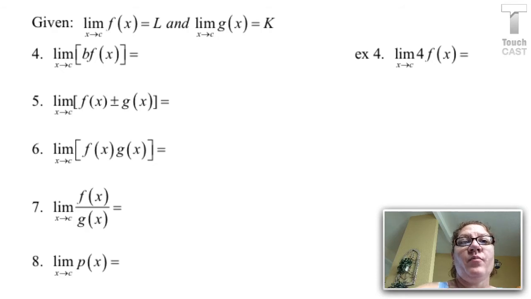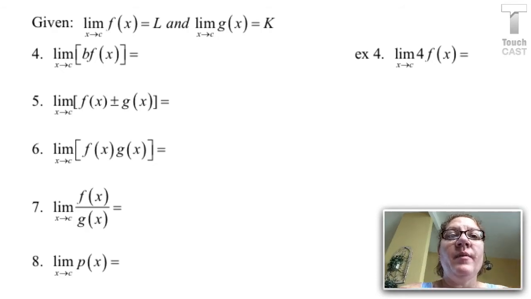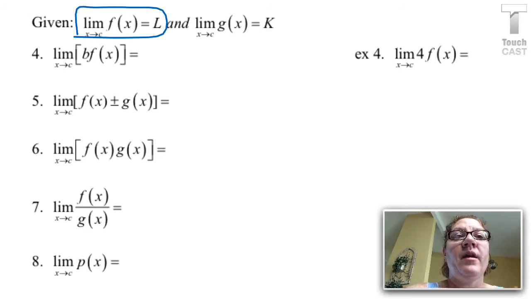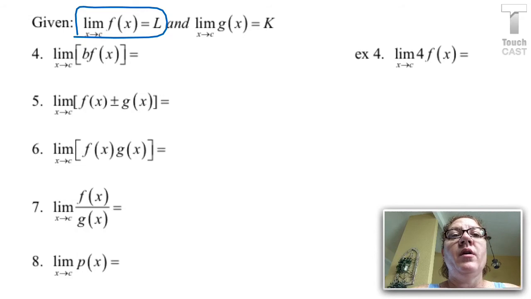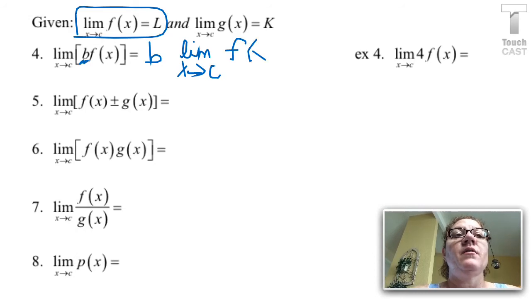So some examples of properties is if I know the limit of f of x is some particular y value as x gets closer to c, then I can do a little bit of calculus, I suppose, although it's really algebra with this. And so here I notice I have some particular coefficient, and I can bring that out. So then I get b times the limit as x approaches c of f of x.